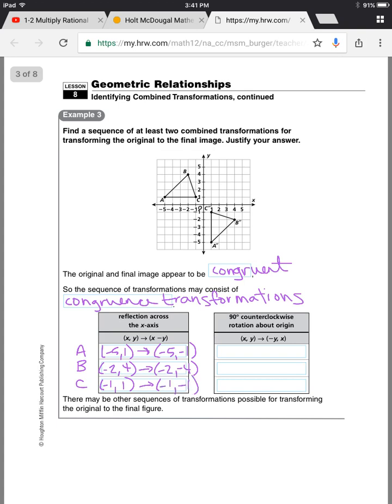Okay? So what we're going to do is graph that. There. Negative 4 is there. And negative 1 is there. Okay? So now we have this here.